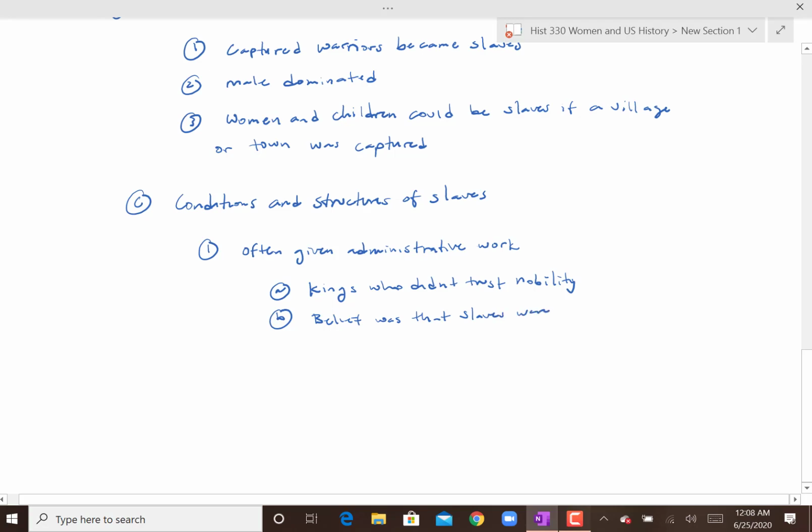They did the administrative work for keeping records for the treasury and for the day-to-day running of the kingdom. The belief was that they wouldn't manipulate the documents to their benefit or take advantage of the system, whereas nobles were believed to be more apt to do that.